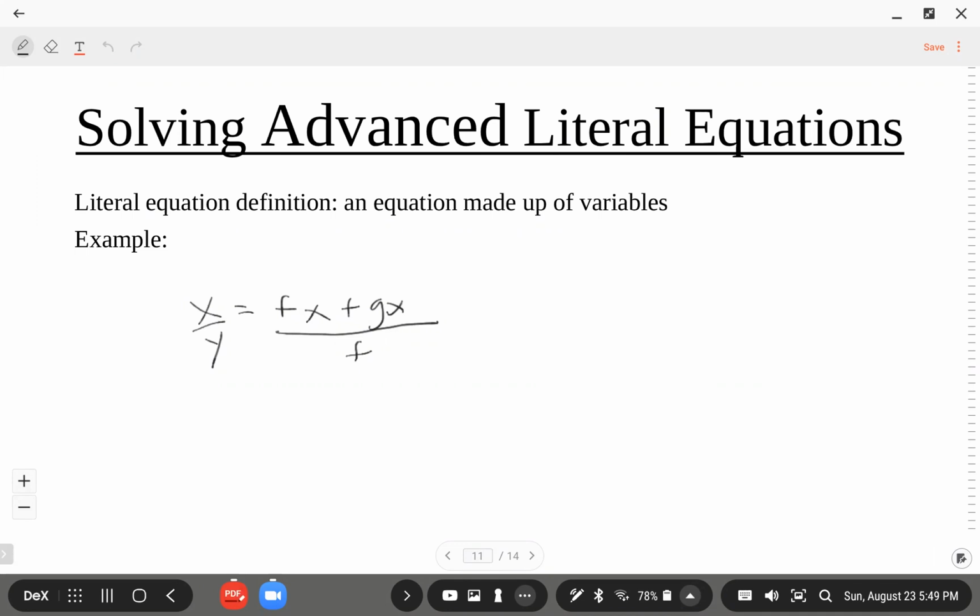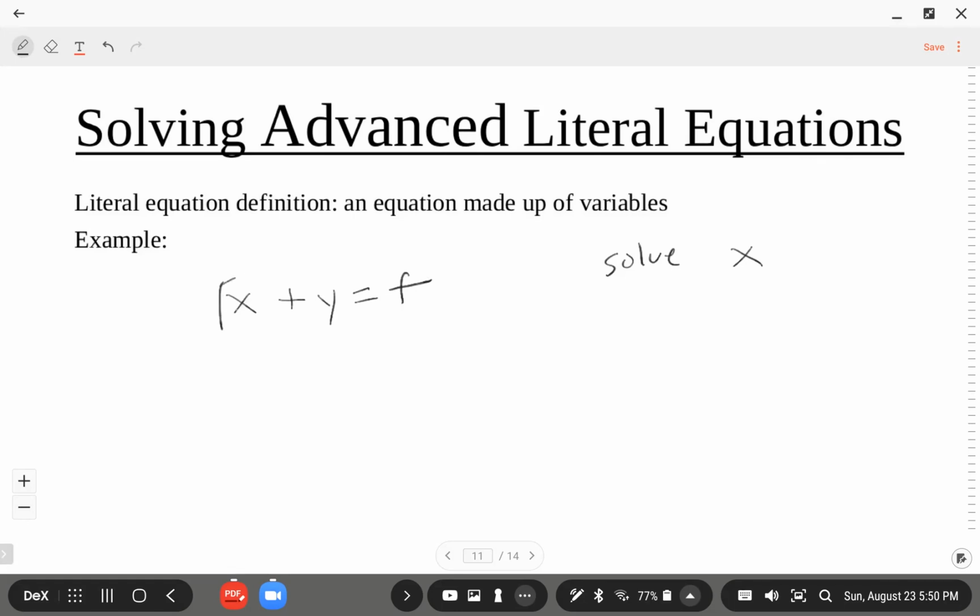Okay. So, to solve a literal equation, you just need to isolate the variable you're solving for, right? Let's say you solve for x. And then let me come up with a simpler example to teach you how to solve these. Let's say x plus y equals f. Okay, that's very simple. If we want to solve for x, we need to isolate x, right?